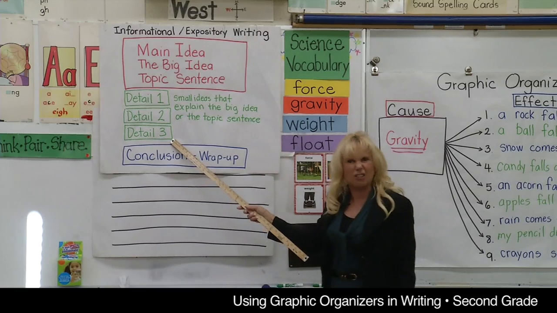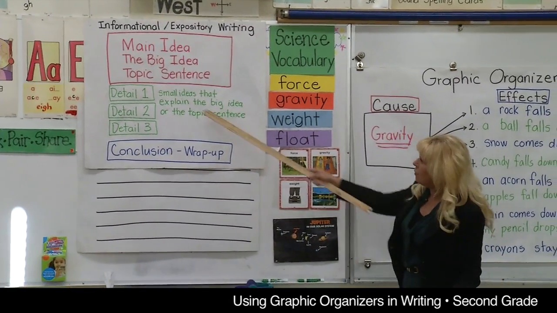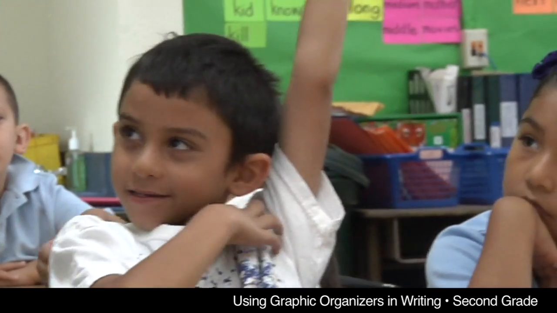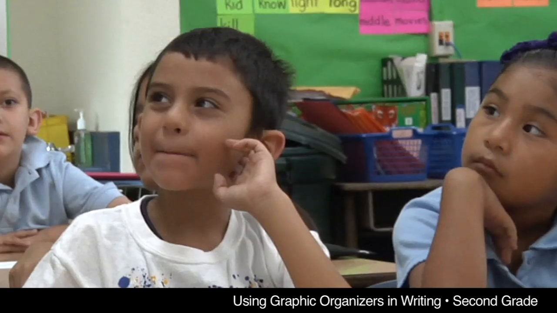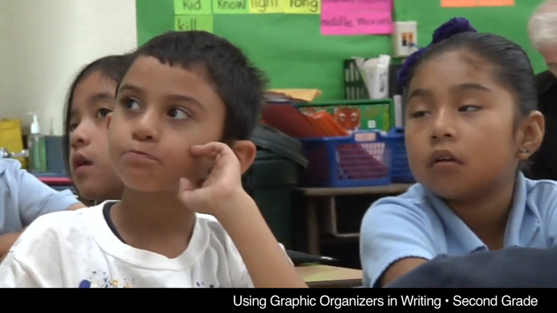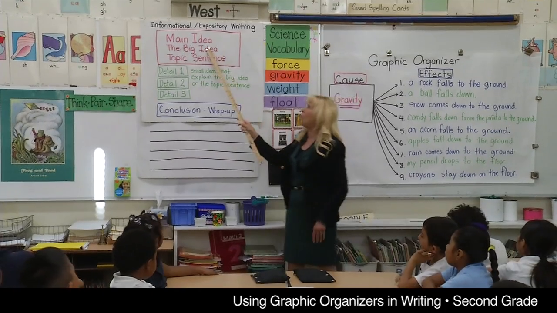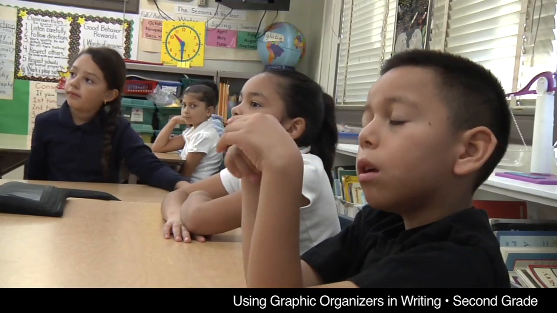Usually 3 is a good number of details. But what are details? Well, details are small ideas that explain the big idea or the topic sentence. So these little ideas have to give me more information, or they have to explain this big idea.